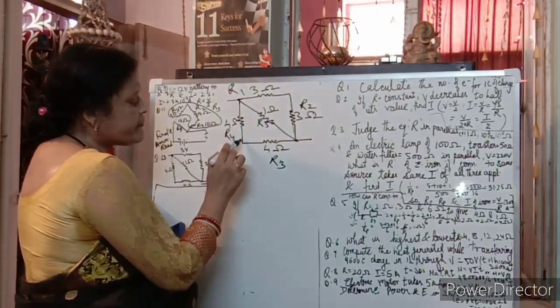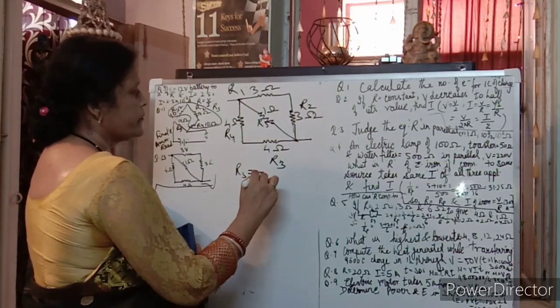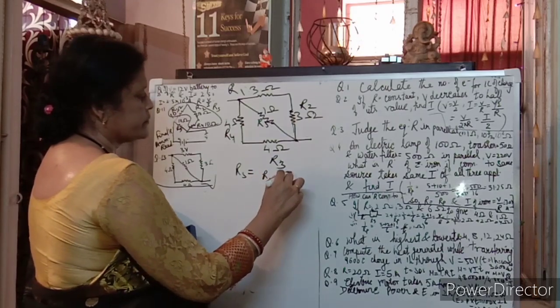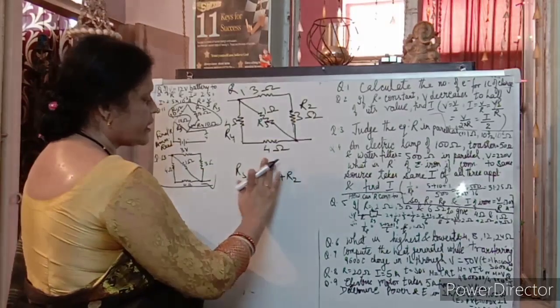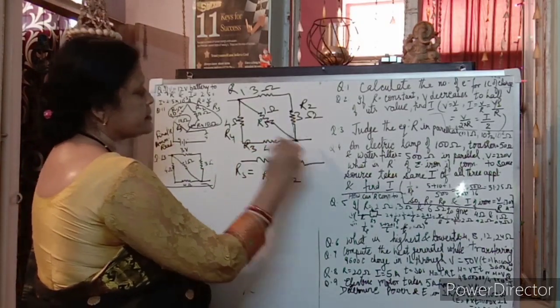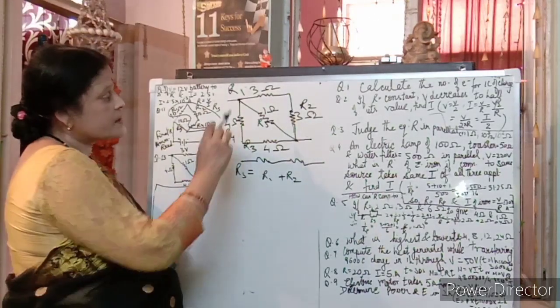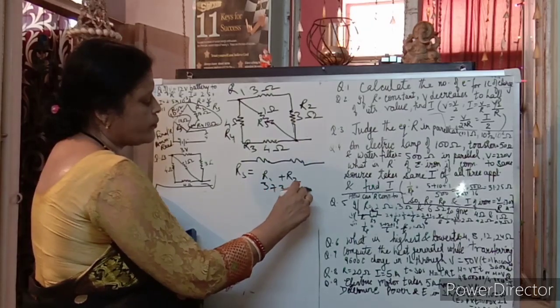So, first we will find the series. Suppose RS is equal to R1 plus R2. If I open this, what will happen? This is one RS series, that is 3 plus 3, 6 ohm.